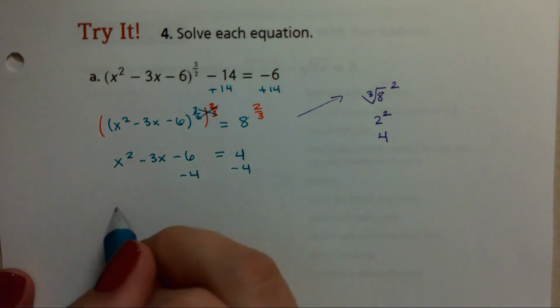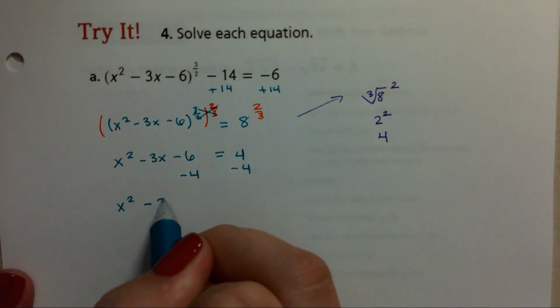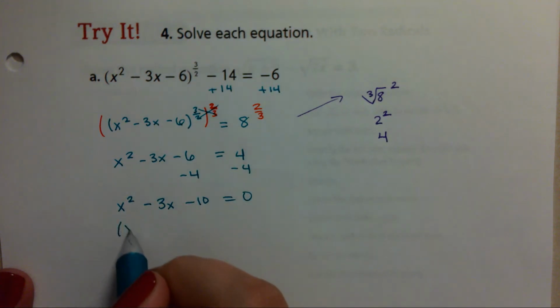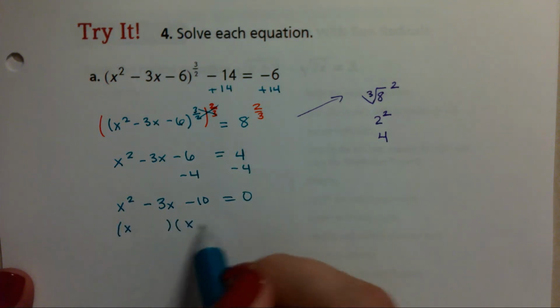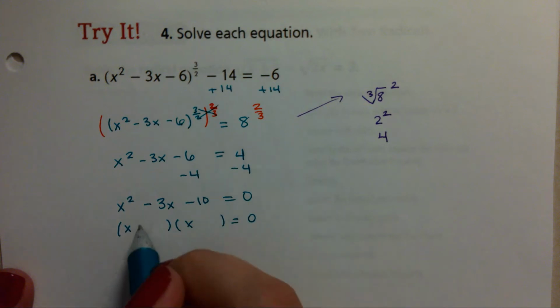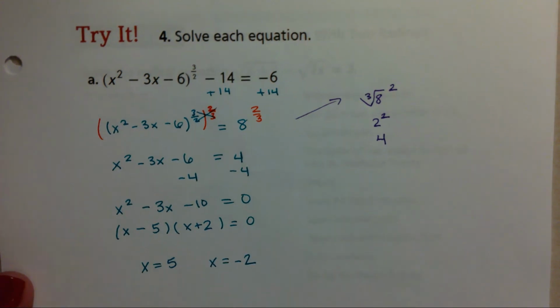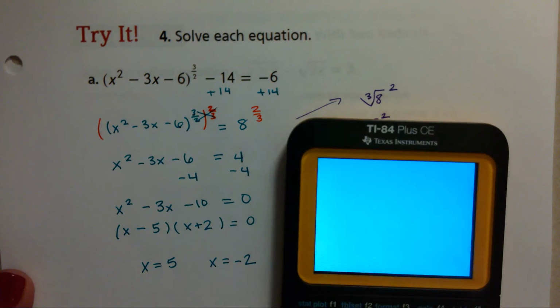And I get x squared minus 3x minus 10, which factors. Factors of negative 10 that add up to negative 3 are negative 5 and 2. And so I get 5 and negative 2 as potential solutions, which we're going to check.